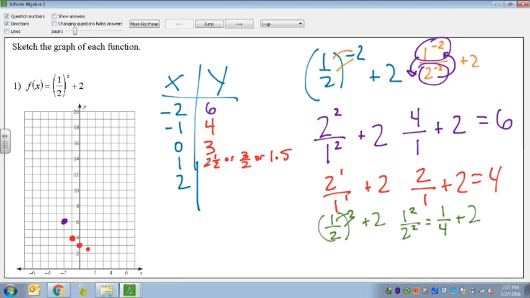So it'd be 1/4 plus 2, which is 2 and 1/4, or 9/4, which is 2.25. Oh, by the way, earlier that's not 3/2. Come on, Mr. Schwann. This is 5/2, and it's 2.5. For graphing purposes, 2.25 is really close to 2.